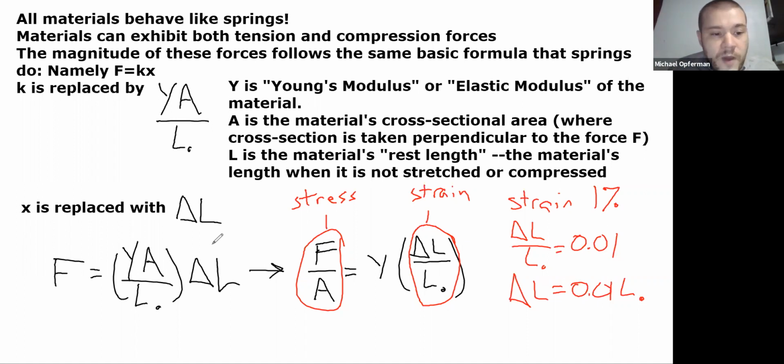But anyway, the final punchline is that you can treat any material around you in the world as being like a spring. And that actually has huge implications for engineering, on building bridges and buildings, and on how the human body works, and on how different machines work, and vehicles, and lots of things. This is one of the main things that they have to think about in engineering when thinking about what materials are suitable for different tasks.